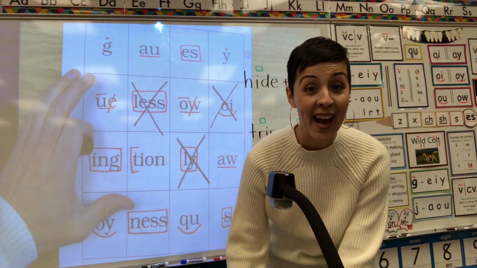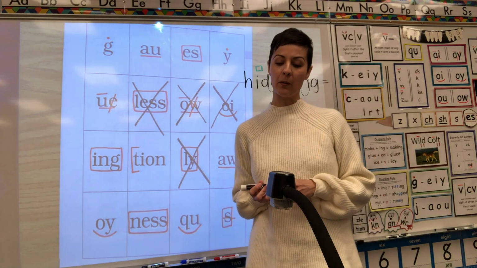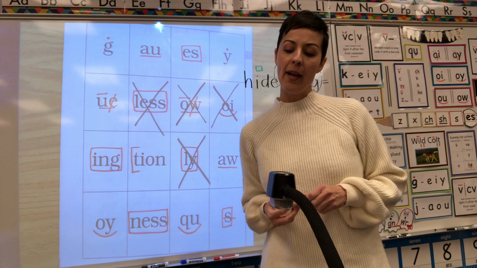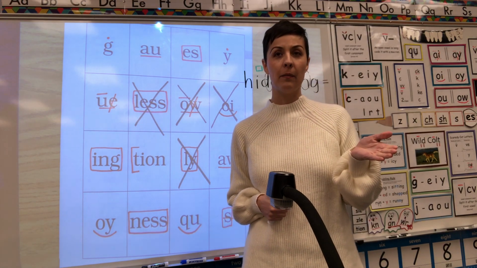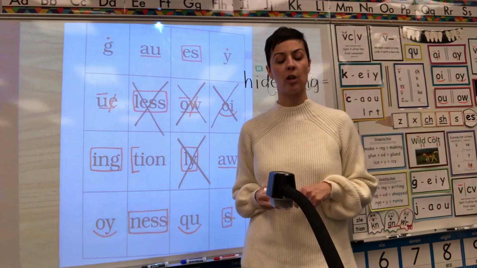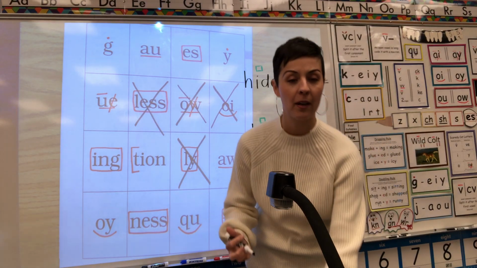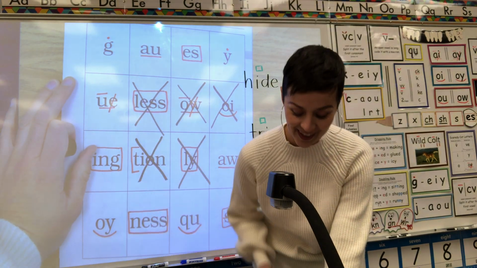You should have said digraph O-W. Good work. Next one. What's the final syllable you hear at the end of motion? Say it if you know it. Final syllable T-I-O-N. You got it.